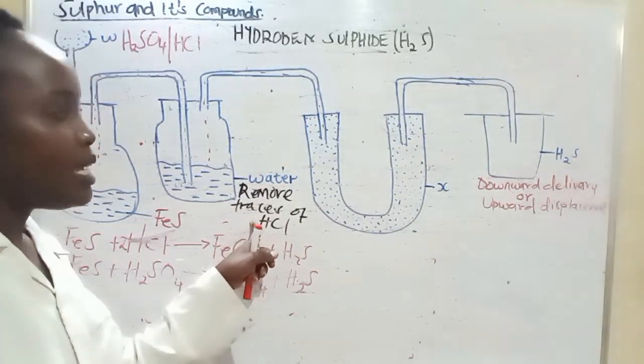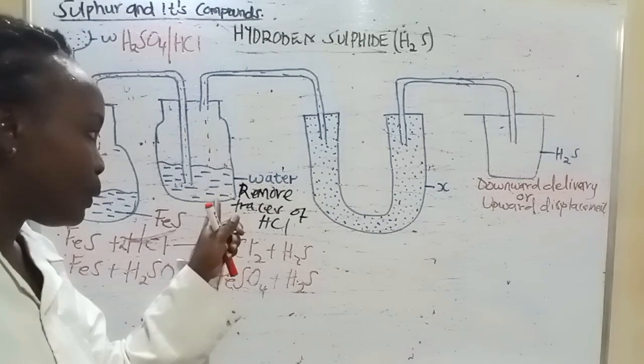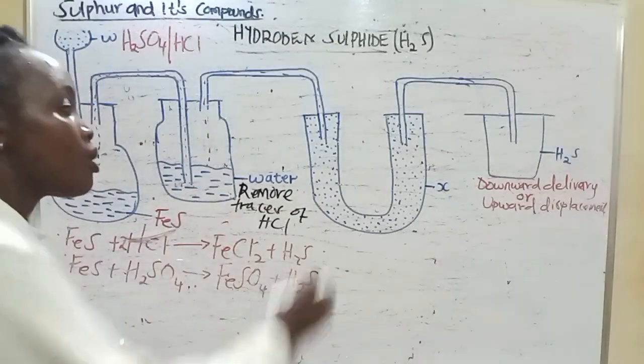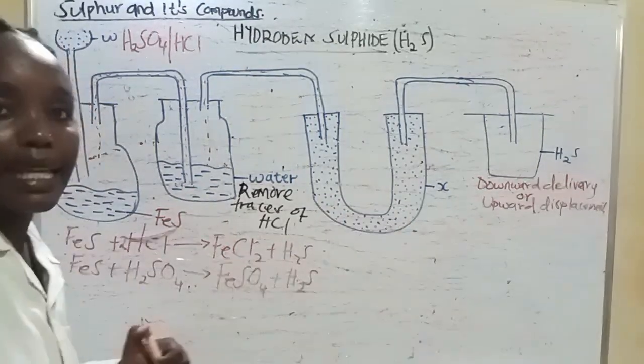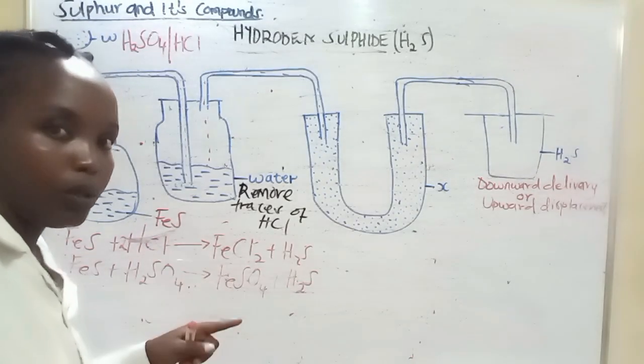Now we are passing it through here in order to dry it, because we passed it through water. So this is a drying agent, and our drying agent is going to be anhydrous calcium chloride.